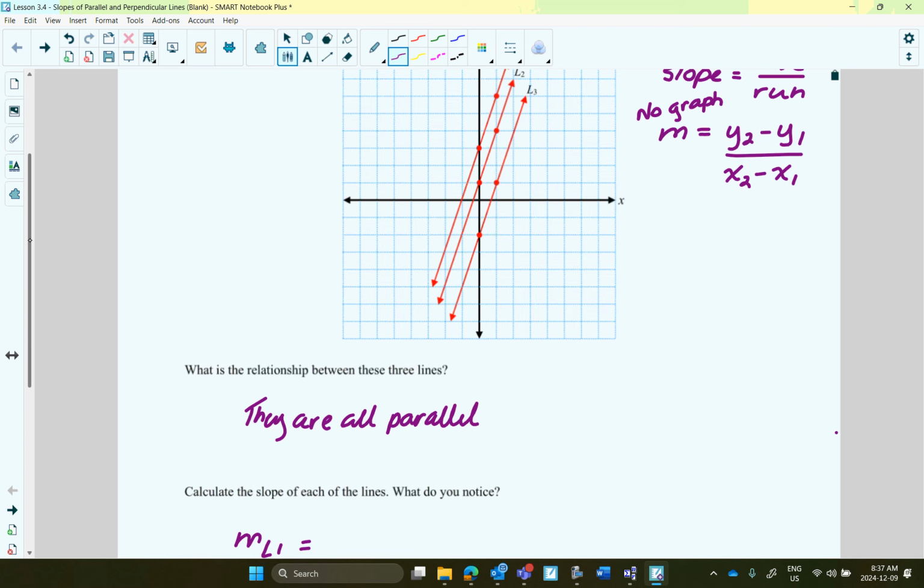What's the slope of L1 using these 2 points? How much do you rise and run to get from one point to the other? How much do you go up to get from this point to this point? 3. So I'm here. How much do you run? 1.